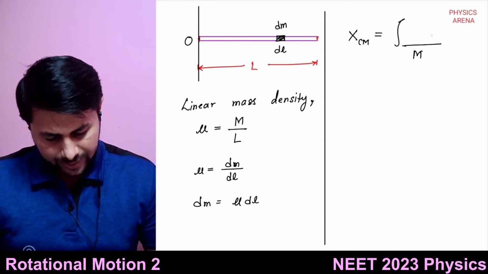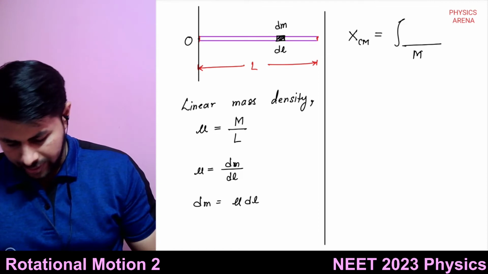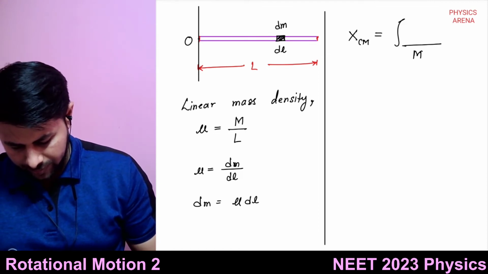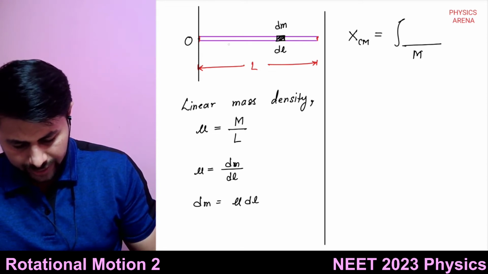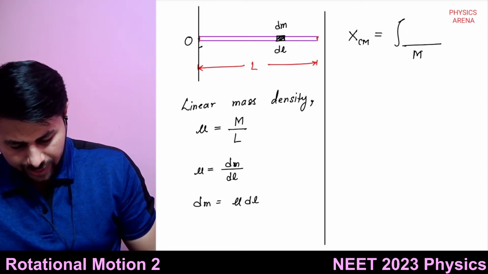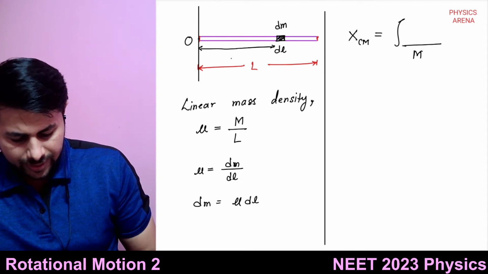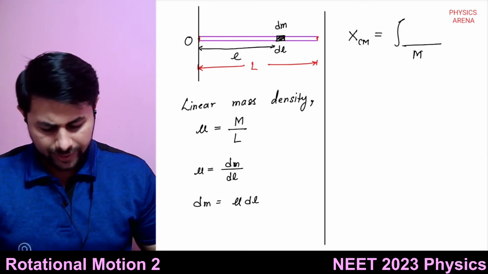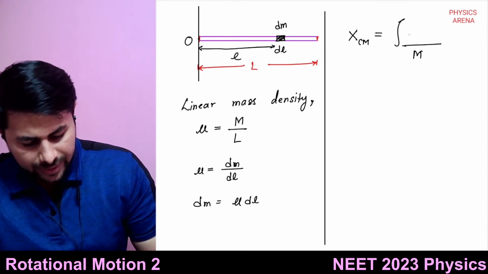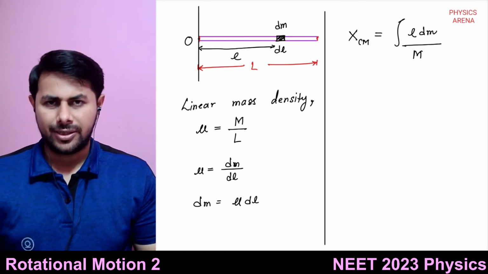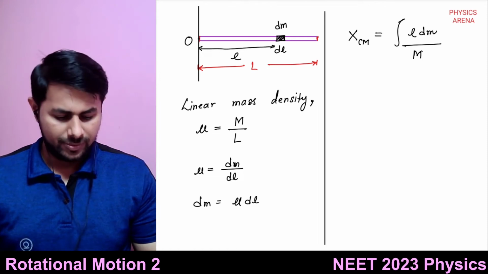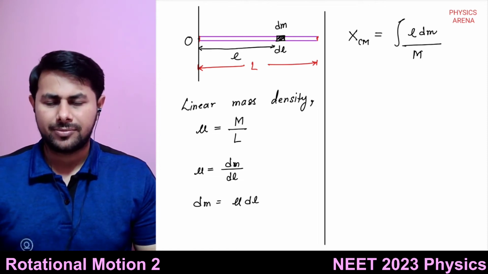Instead of x, I will call it l. So let's suppose the x position of this element is l. So I can say it is the integral of l dm divided by m. Right? Yes, no?